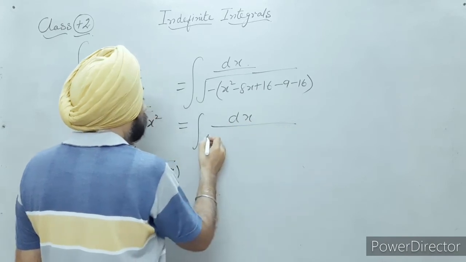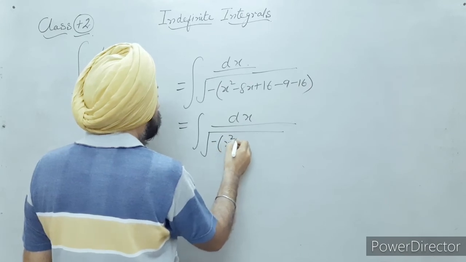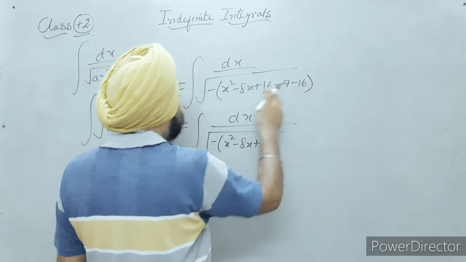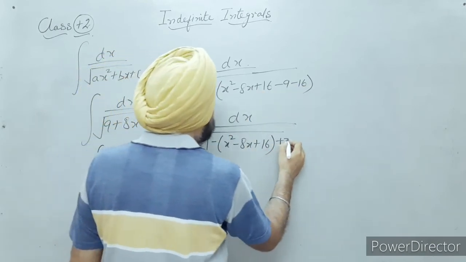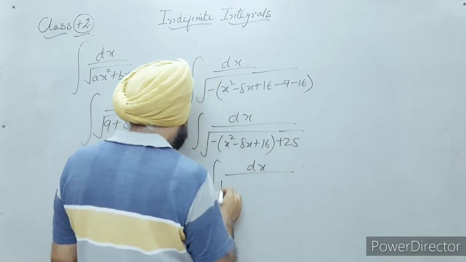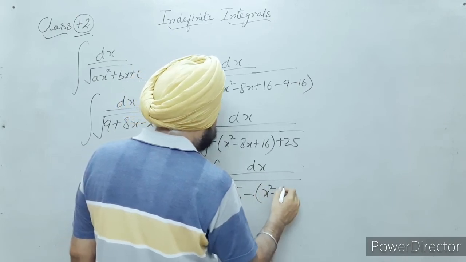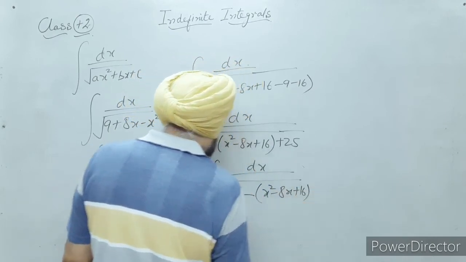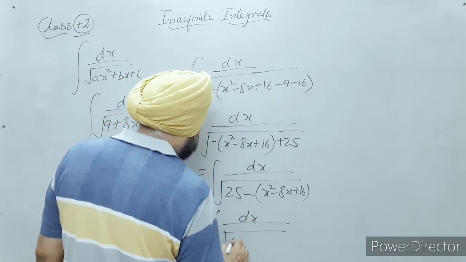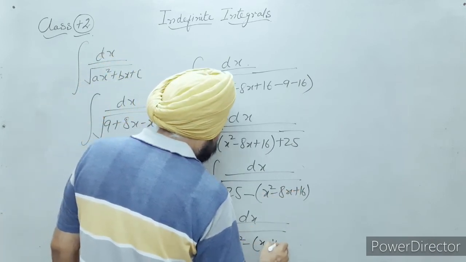Dx upon under root of minus, I can write this as x square minus 8x plus 16, then this is minus 25. Minus 25 minus, it becomes positive. Now it is dx upon under root of 25 minus x square minus 8x plus 16. It becomes dx upon under root of 5 square minus x minus 4 whole square.